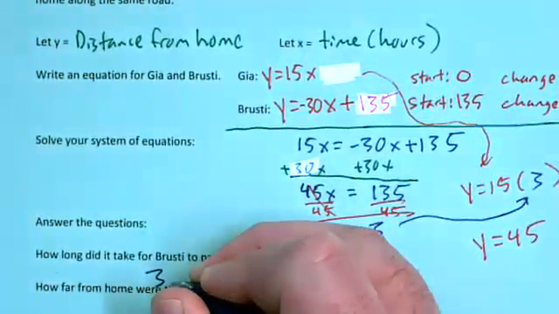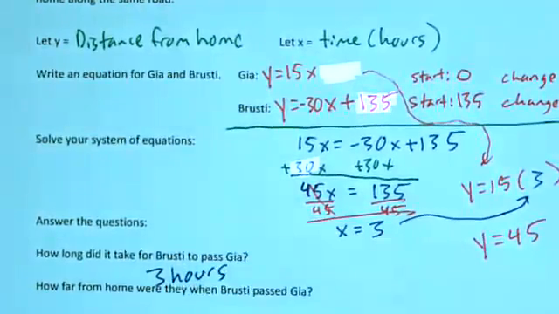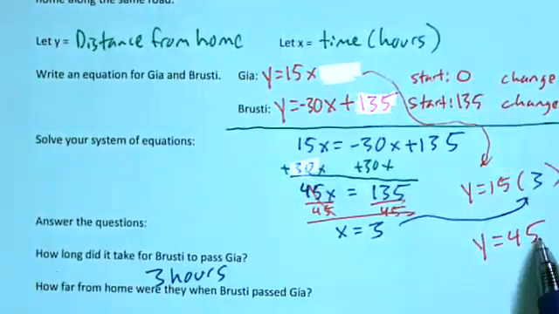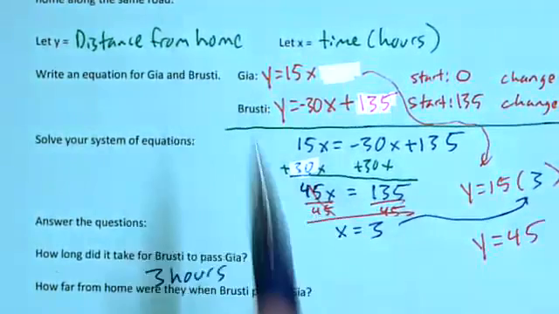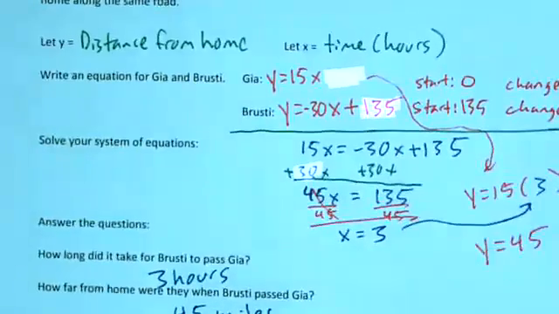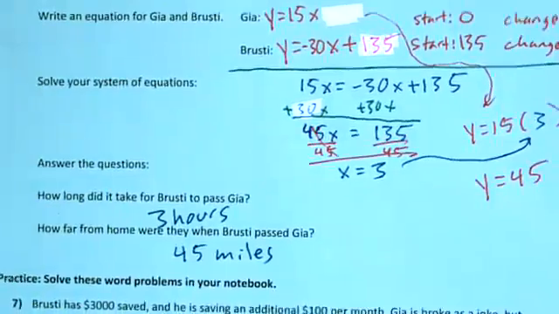Is that right? Okay. And then how far from home were they when they passed each other? Y was 45, that was miles. Yeah, so 45 miles. All right.